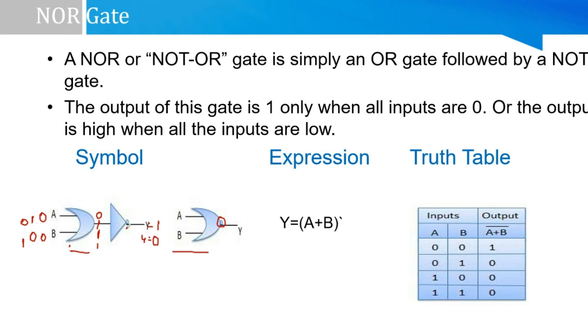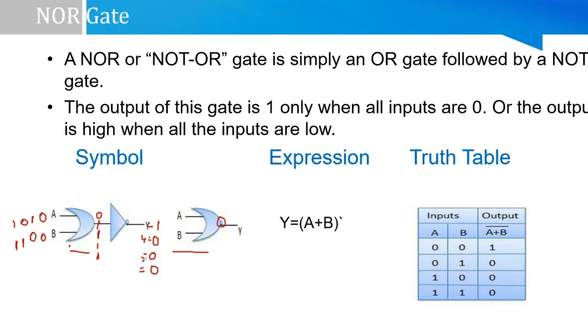The 1 will be inverted, so the output will be 0. When A is 1, B is 1, what will be the output? 1. So it will provide the output as 0.